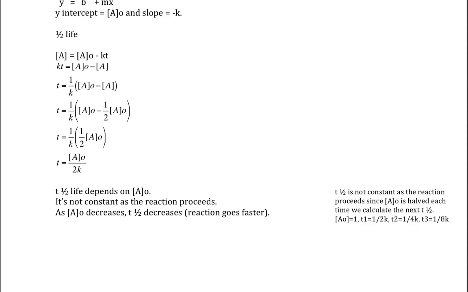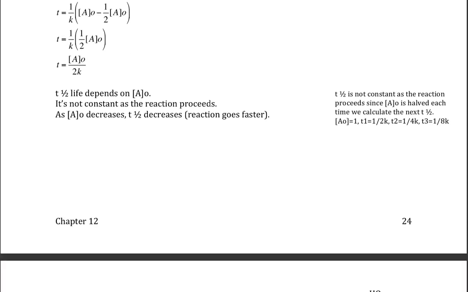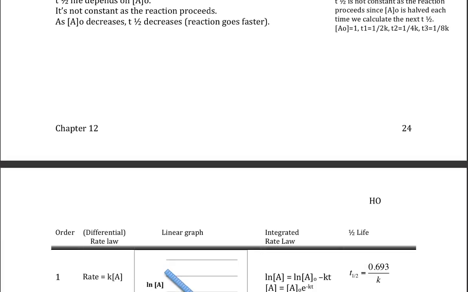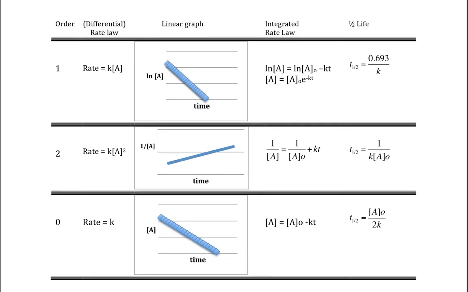Notice that the half-life depends not only on k, but also on A naught. It's not constant as the reaction proceeds. As A naught decreases, t sub 1/2 decreases. The reaction goes faster.